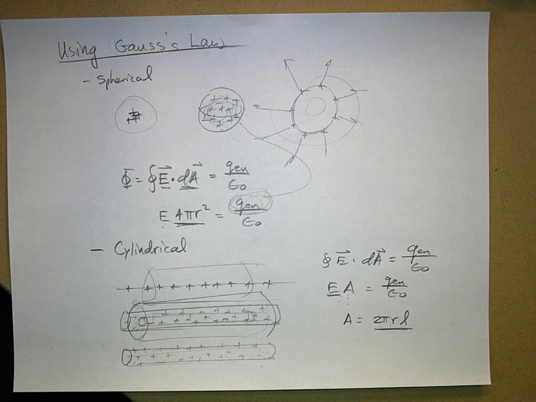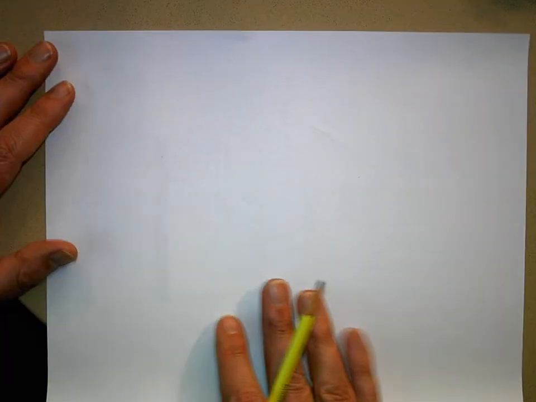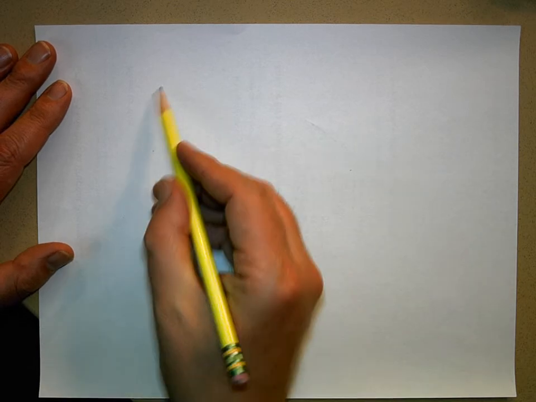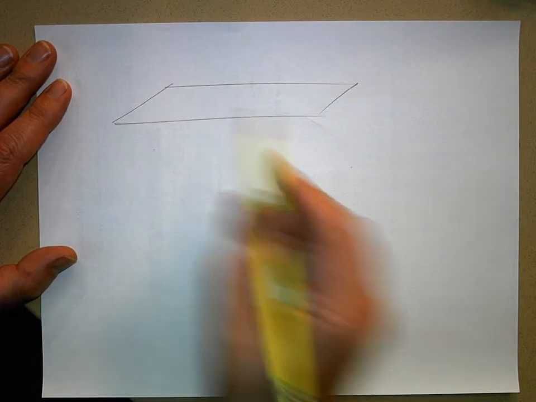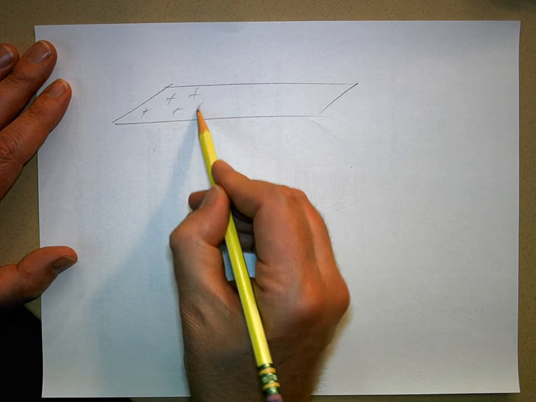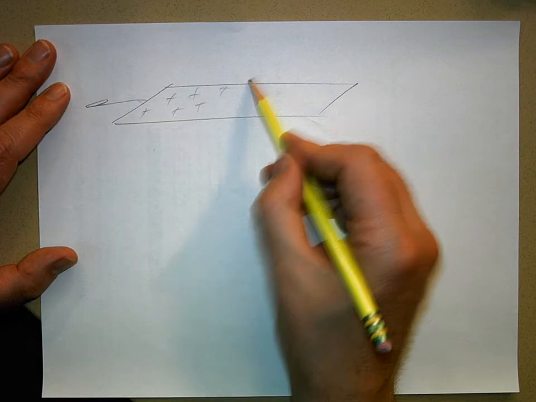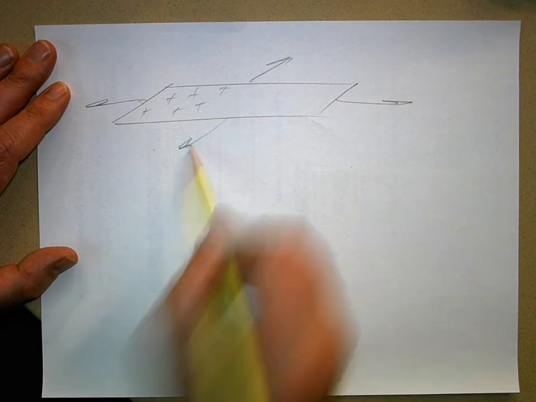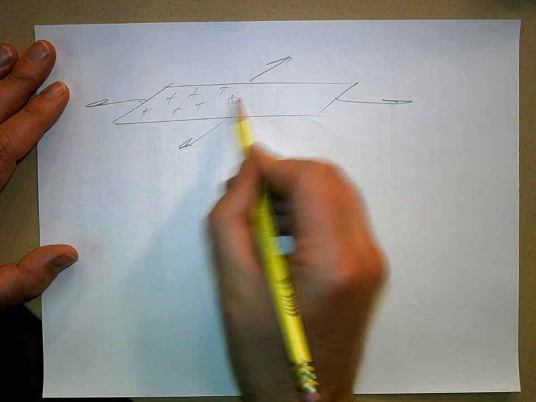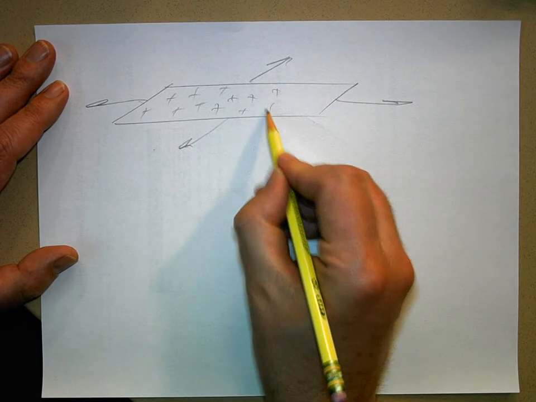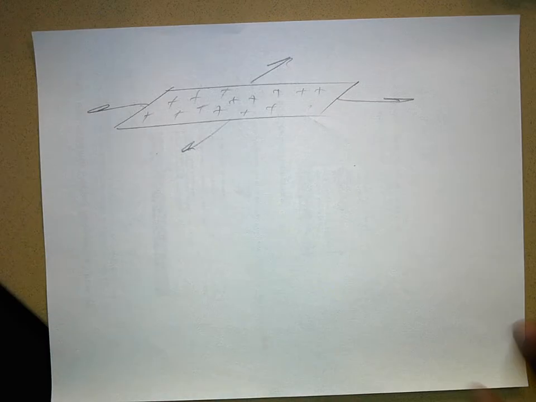There was one other, and that was a flat sheet. You have a flat sheet with charge on it, an infinite flat sheet, but I don't have enough room for that, so I'm just going to cheat by drawing arrows. Now what do these do? Well, they send up field lines. Some of them are up, some of them are down.